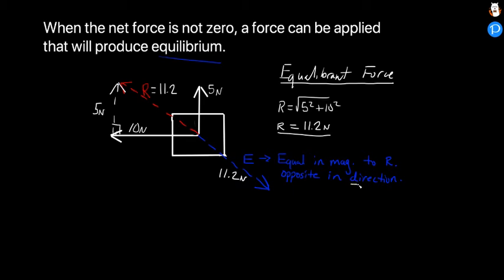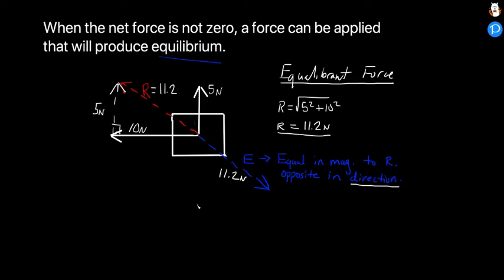Or in other words, what's the angle at which I have to put this force on this box in order to cancel this out? Because I can't just apply 11.2 newtons in any old direction. I can't just pull with 11.2 newtons this way, because that's not going to balance it out.